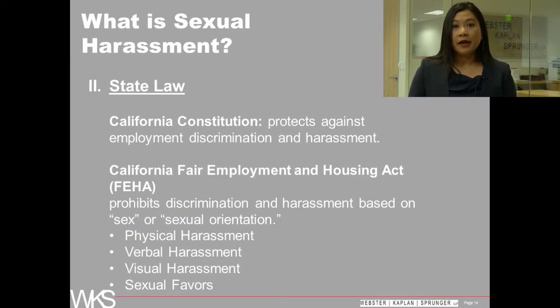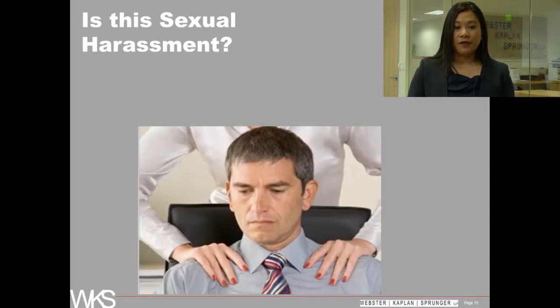In California, under the FEHA specifically, the law states that discrimination and harassment is prohibited on the basis of sex and sexual orientation, and it provides examples such as physical harassment, verbal harassment, visual harassment, and sexual favors.